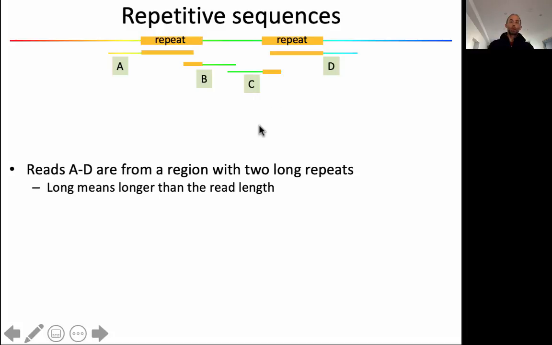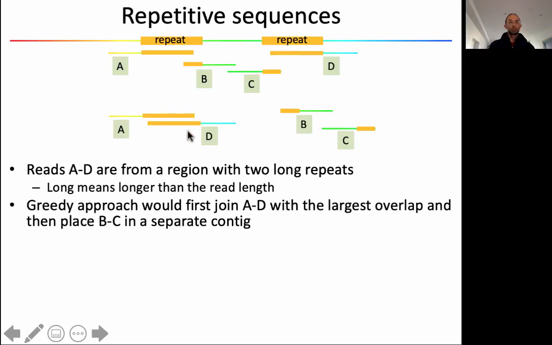Then if we would apply the greedy assembly algorithm, the first 2 sequences that would be assembled would be A and D, because they share this large region that's present in the repeat. So this repeated region would be identified by the greedy assembly algorithm first.